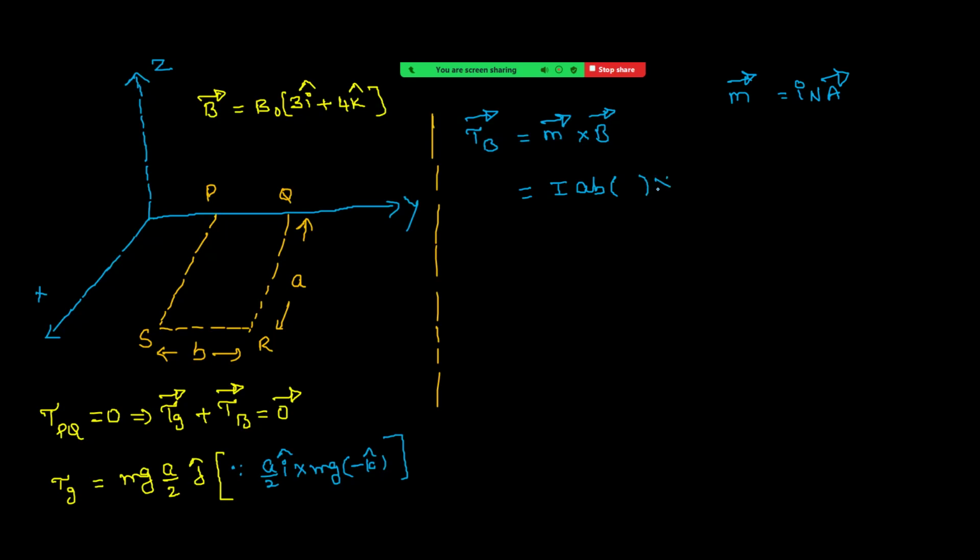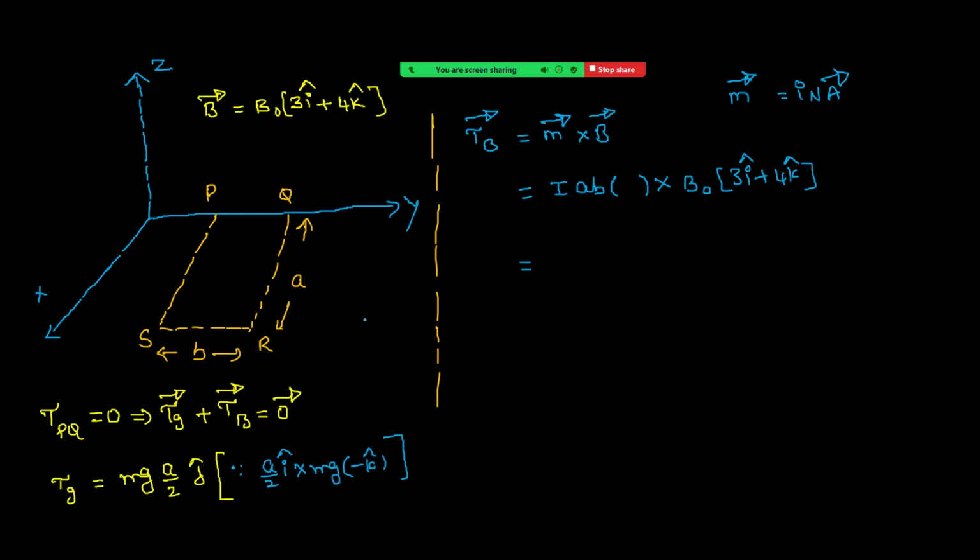Cross B bar, B naught into (3 i cap plus 4 k cap). Okay. So here, the direction must be minus j cap. Only in that case does the sum of those two vectors equal 0 bar. Okay. Now here, something cross i cap.